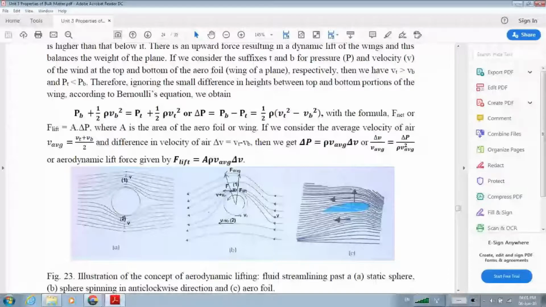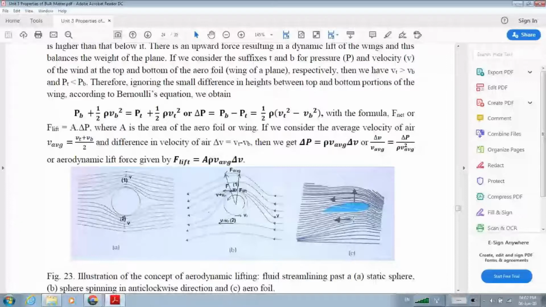If the bottom side pressure acts in the upward direction, and the top side pressure is less, acting in the downward direction, the resultant pressure will become upward. So we can say the upward force is more, acting at the bottom of the aeroplane wing, which helps to lift the aeroplane.